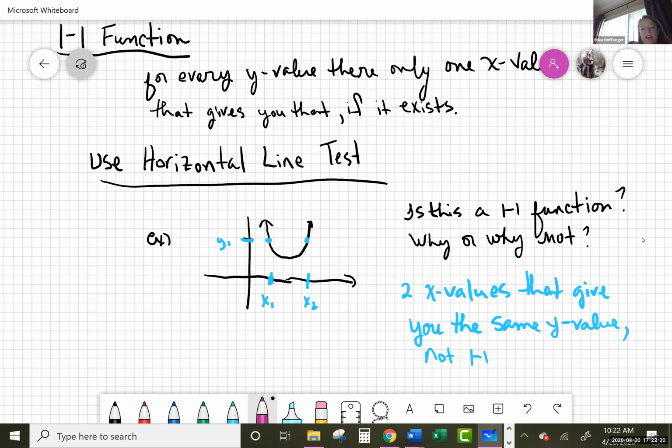So again, if I drew a horizontal line anywhere on this graph and it intersects the graph more than once, which this does, it intersects twice, then it's not going to pass the horizontal line test.